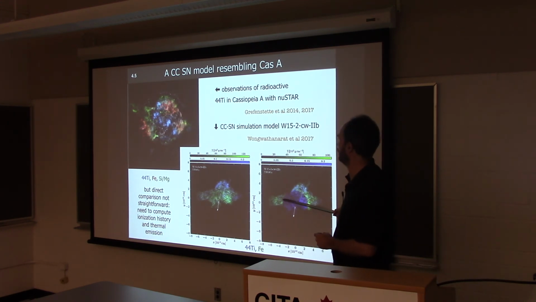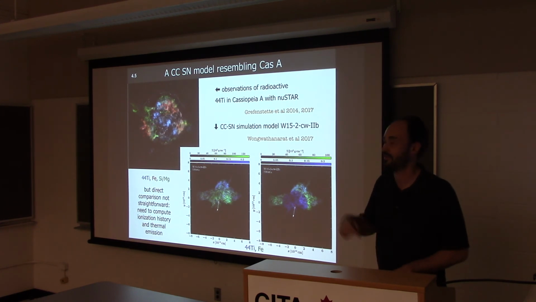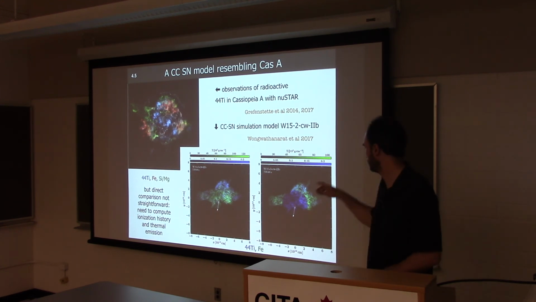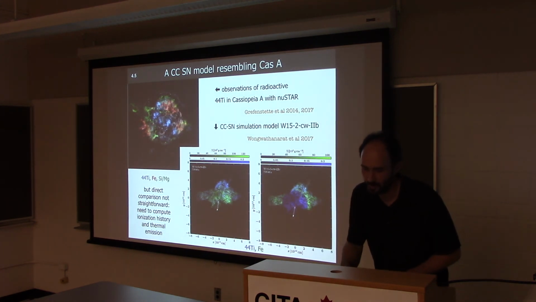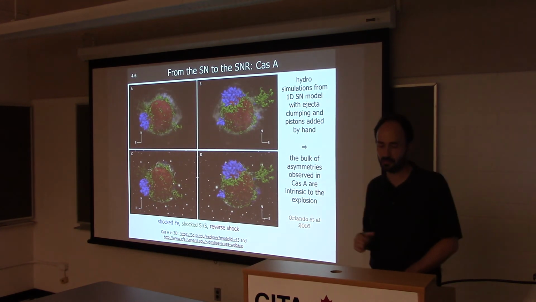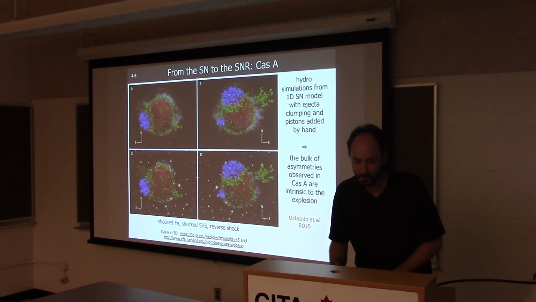Except that this is just hydro, and so they still need to compute all what I said before, the ionization, the thermal emission, and so on. This is where we plan to collaborate, to get from this to actual observations. And that's another work that was done on CTA by Orlando again. Orlando's group did work on this.